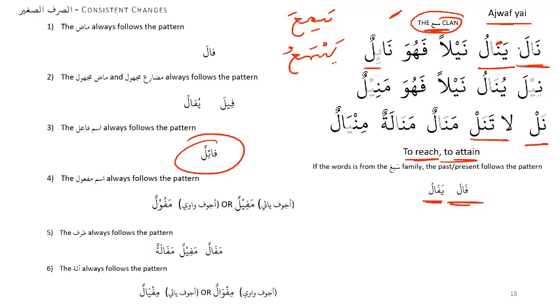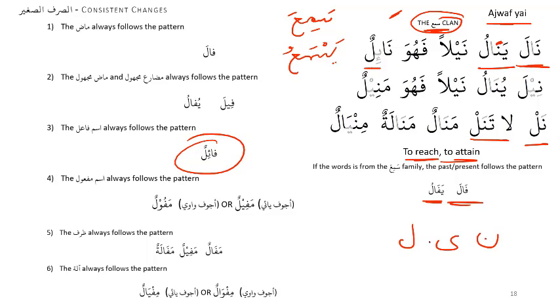You can't just look at something and tell. Sometimes with the same root letters, like noon, ya and lam, you have a word in multiple babs, and you'll see this as you get deeper into the language.